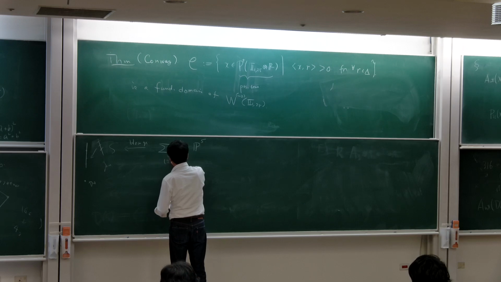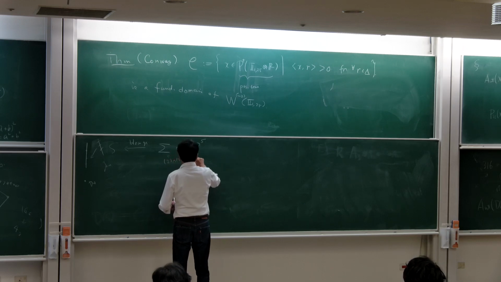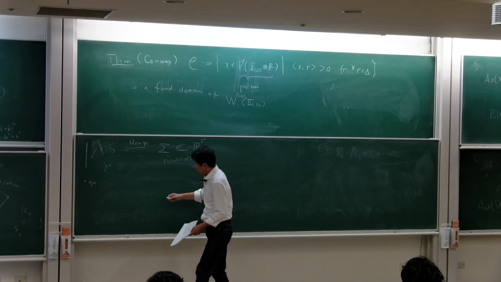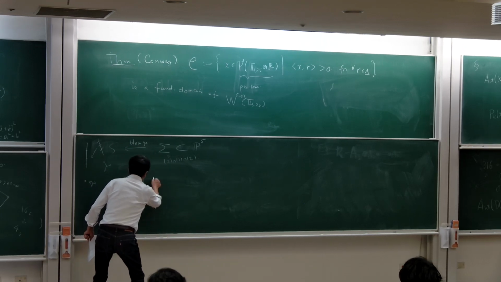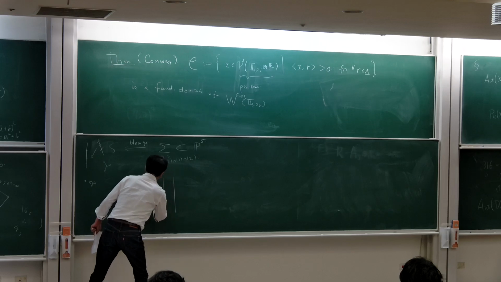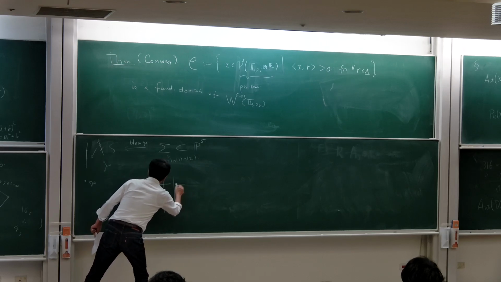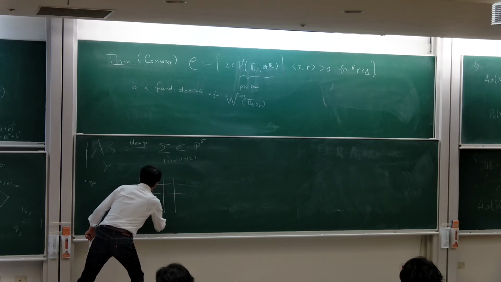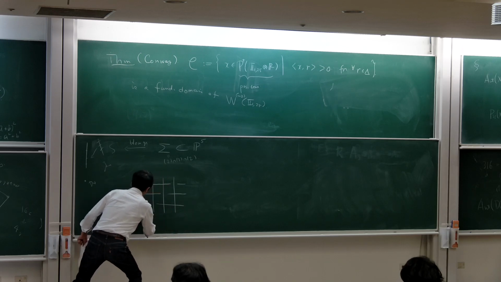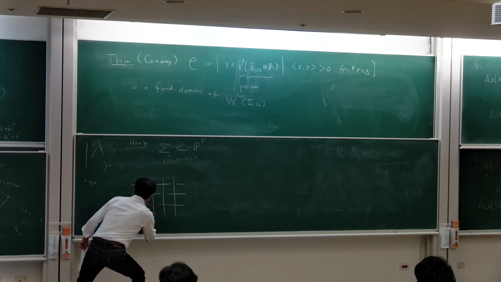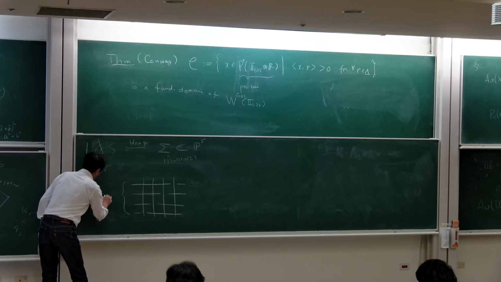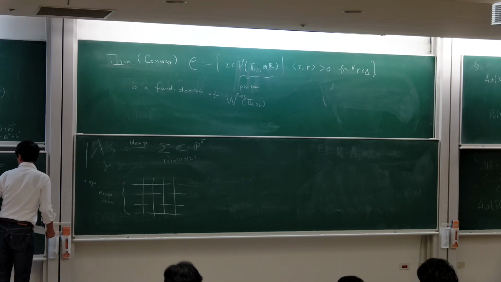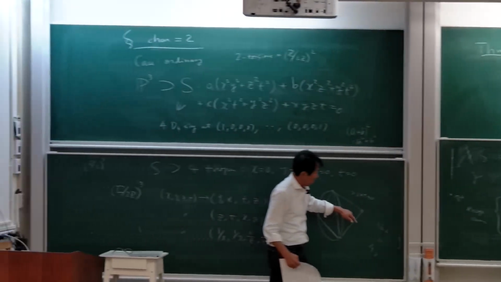Again, it is an intersection of 3 quadrics, but it has 12 nodes. The configuration is like this. We have eight lines. These are exceptional curves, since we blow up 4 vertices.